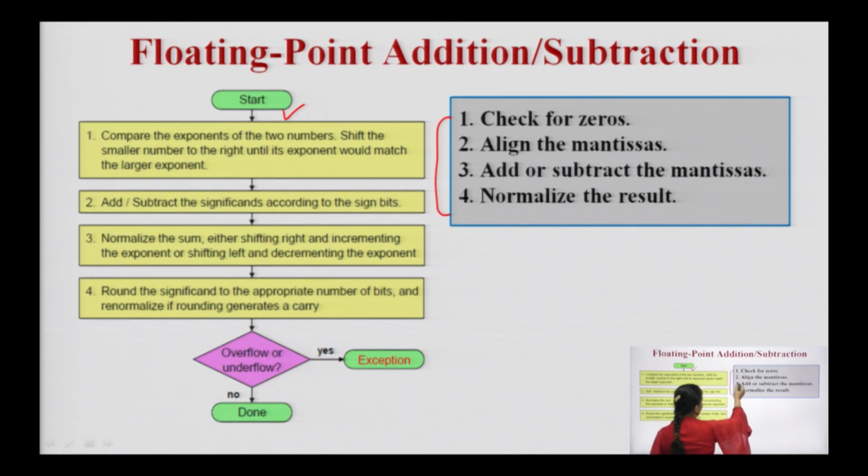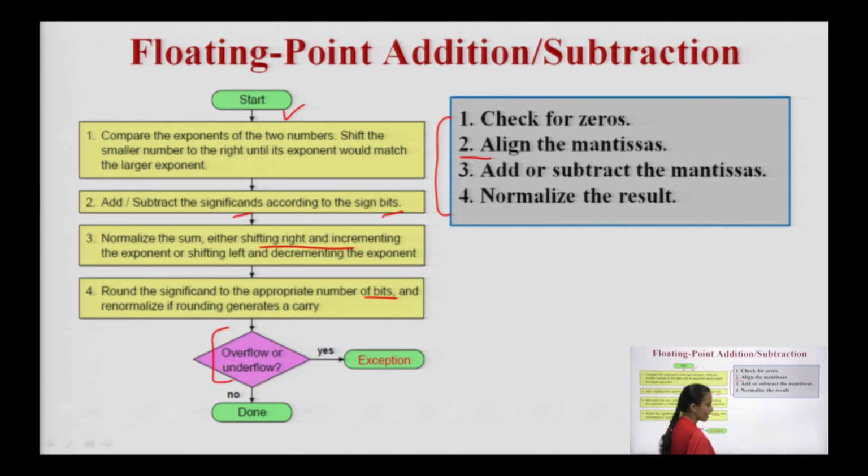That is, I am aligning the mantissa. Then I will perform the subtraction or addition as asked in the question, taking care of sign bits. Then whatever result I have got from the addition or subtraction, I will normalize. Then round off to get the appropriate number of bits and check for overflow and underflow.